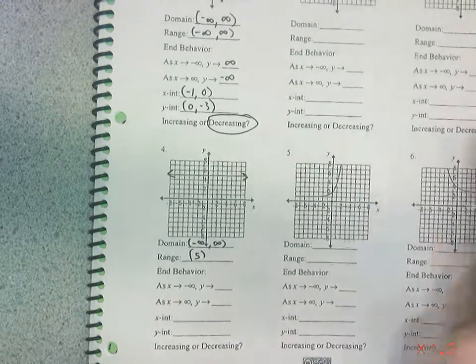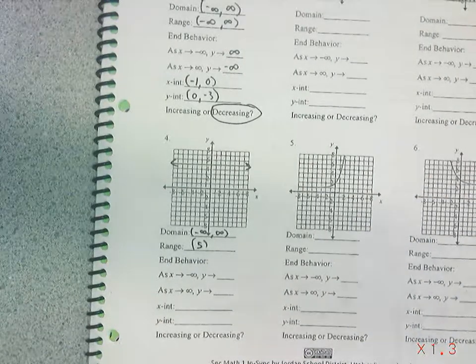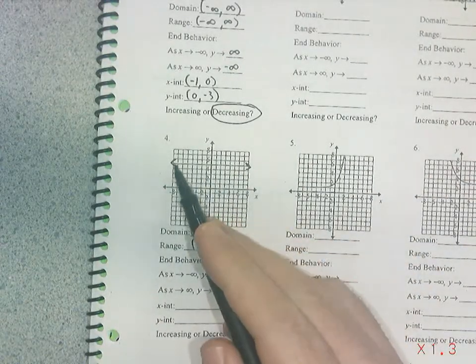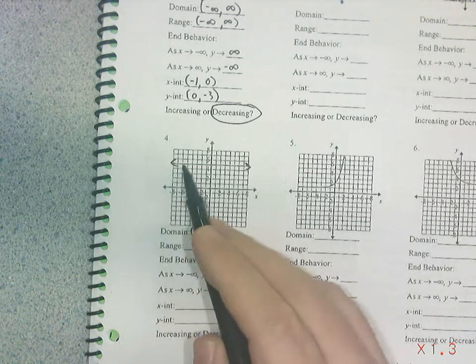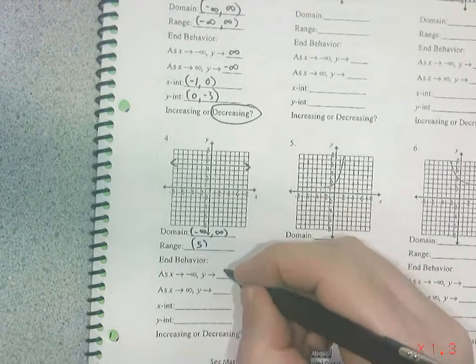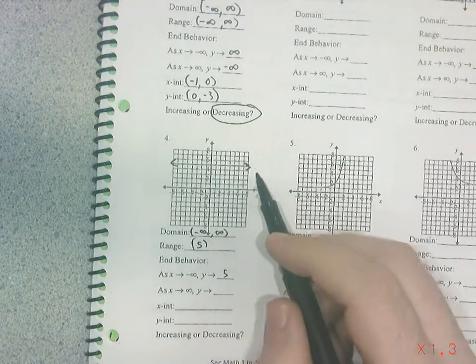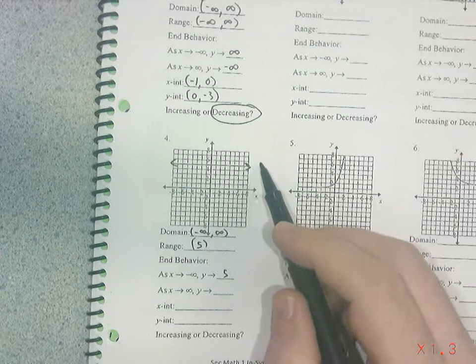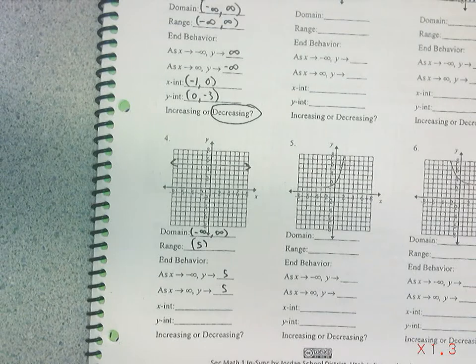And then end behavior should be pretty easy here, right? As x goes to negative infinity, what happens to our y value? Well, if it doesn't change, y is still going to be at 5. And as x goes to positive infinity, again, if it doesn't change, the y value is still going to be at 5 on both of those.